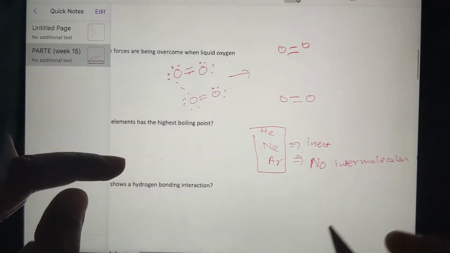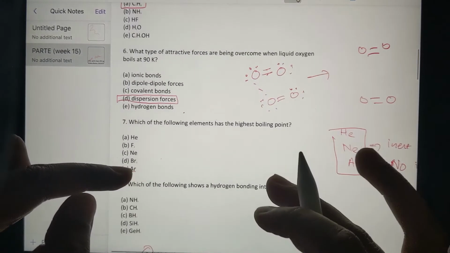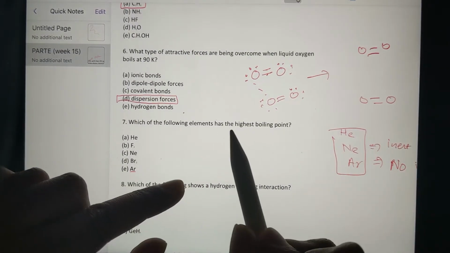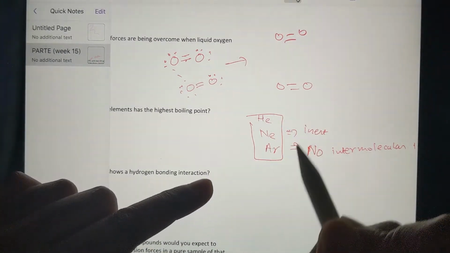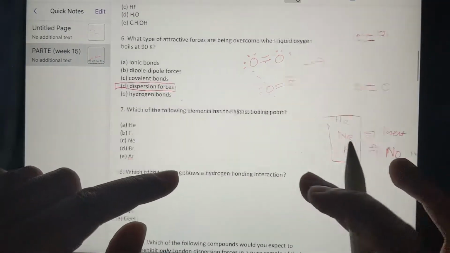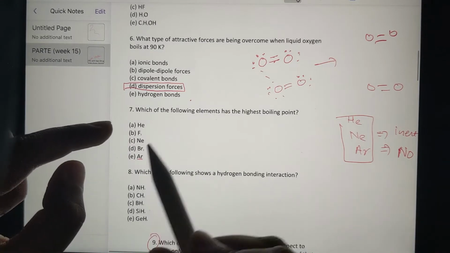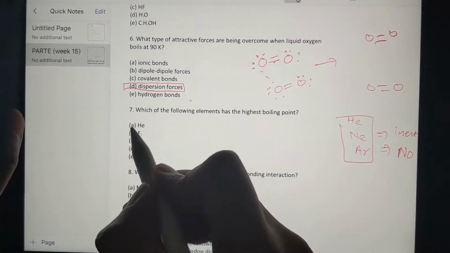So when you don't have any intermolecular interaction, what does that mean? It means that it will have very low boiling point, or it would prefer to be in gaseous state most of the time.